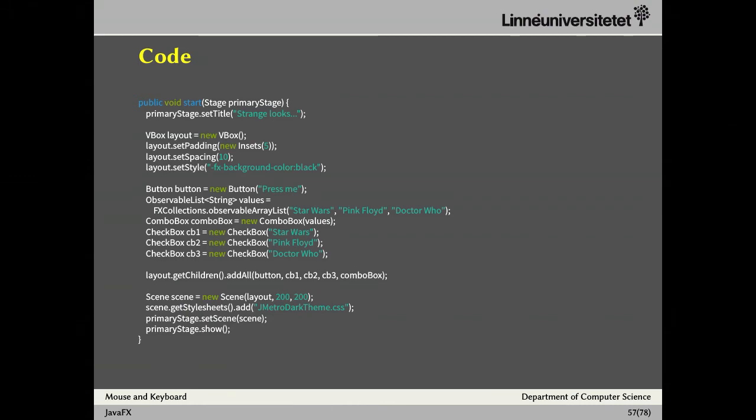In this case, we just put up a button, and we have a combo box, and we have some checkboxes. And right down at the bottom, you see that we have a scene, getStylesheets().add, and then we just name the CSS file that we'd like to use.